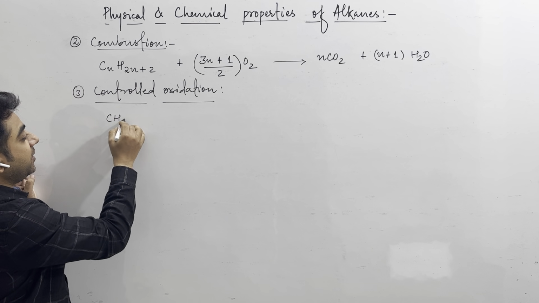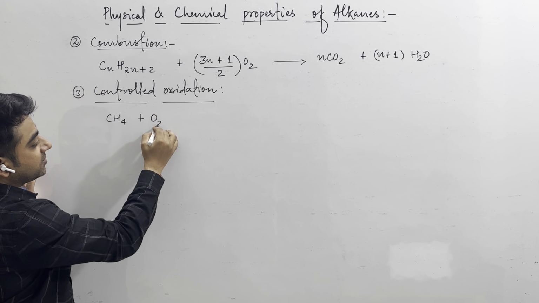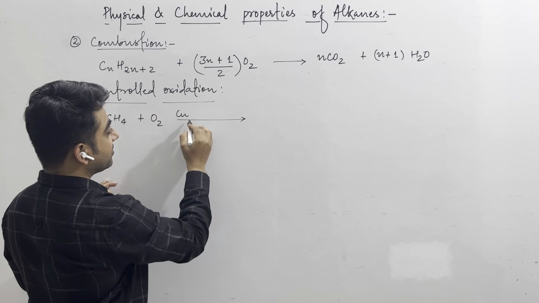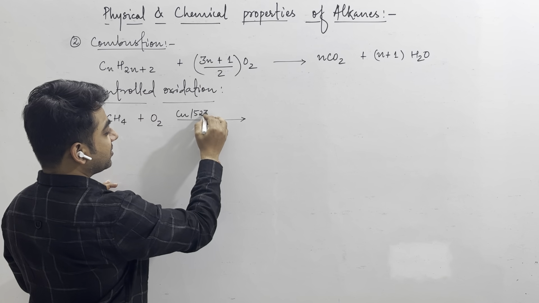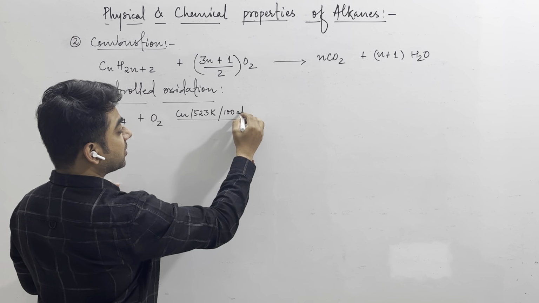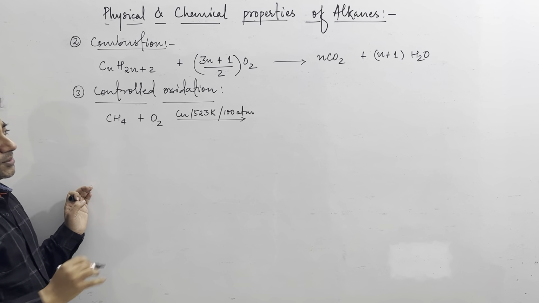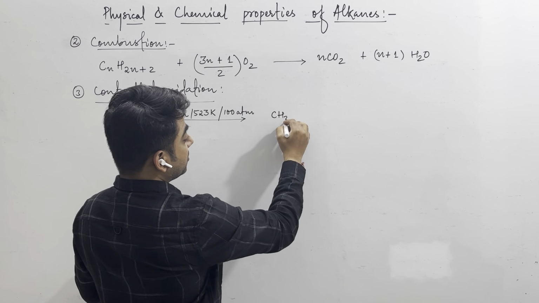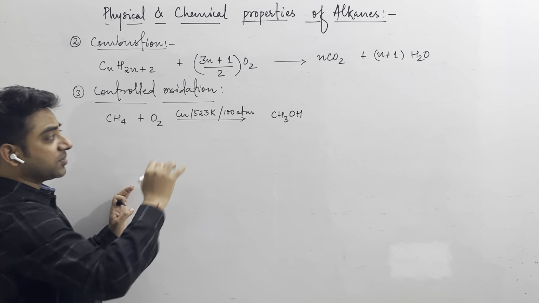Methane, when oxidized in presence of copper as the catalyst, at temperature 523 Kelvin and carried out at 100 atmospheric pressure, gets oxidized into methanol. Methanol is formed as the product.